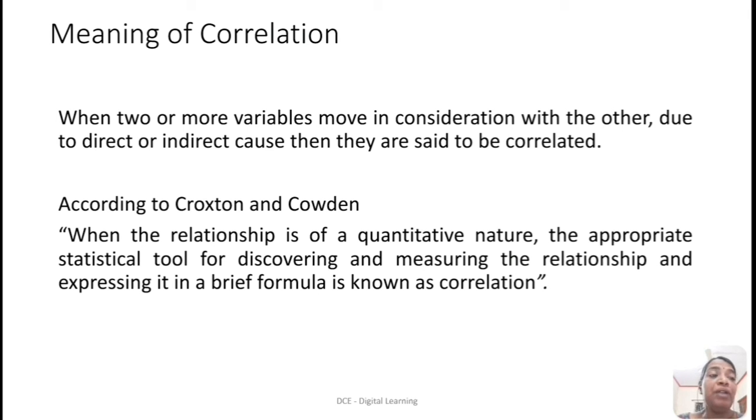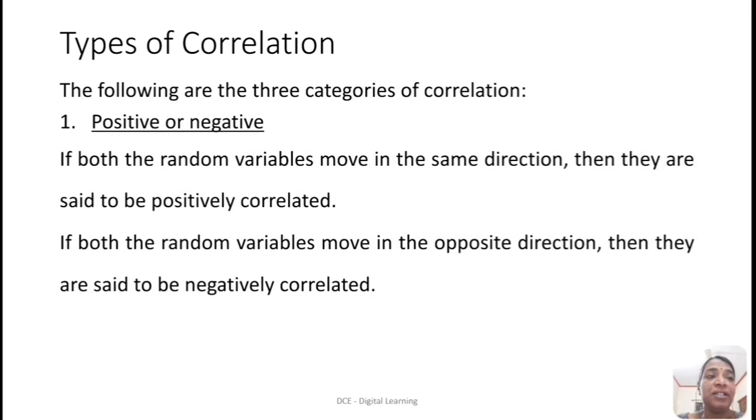Such a basic formula is the correlation. There are different types of correlation given by Karl Pearson, Spearman, concurrent deviations, and scatter diagrams. Let us understand these things.